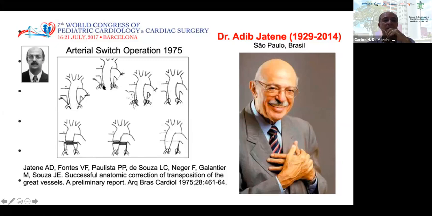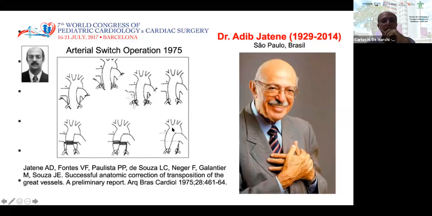This is why it is important to know the coronary anatomy, and the coronaries are replaced in the posterior vessel that is arising from the left ventricle. Then the ascending aorta and the pulmonary trunk are transected and switched. Now you have the right ventricle to the pulmonary artery and the left ventricle to the aorta.